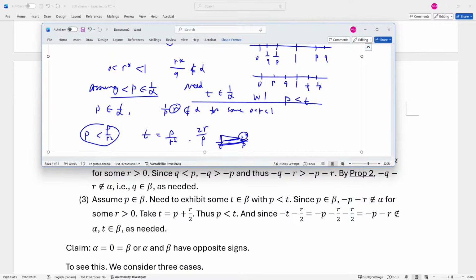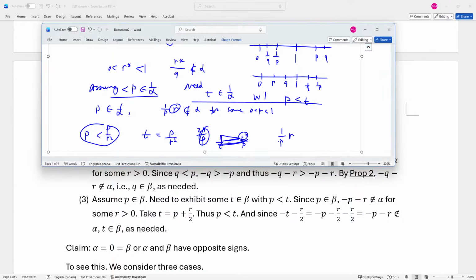This is what we want. 2r over p. Is that too much? Because we said minus t minus half r is the same as minus p minus r. So it's essentially the same thing. We still want the end result to be 1 over p minus r.